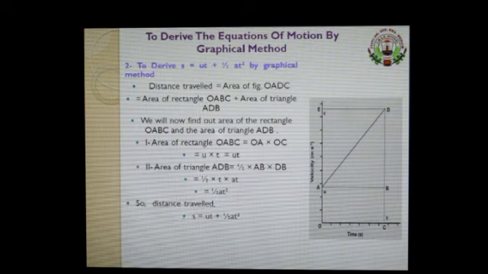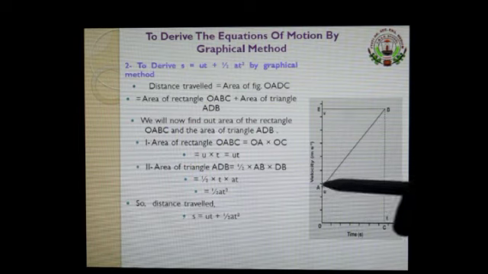Now the distance travelled is equal to the area of figure OADC, or it is the sum of the area of rectangle OABC and the area of triangle ADB.